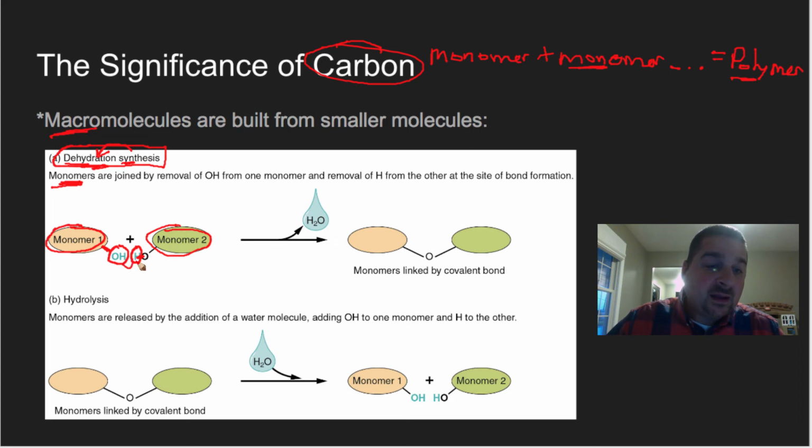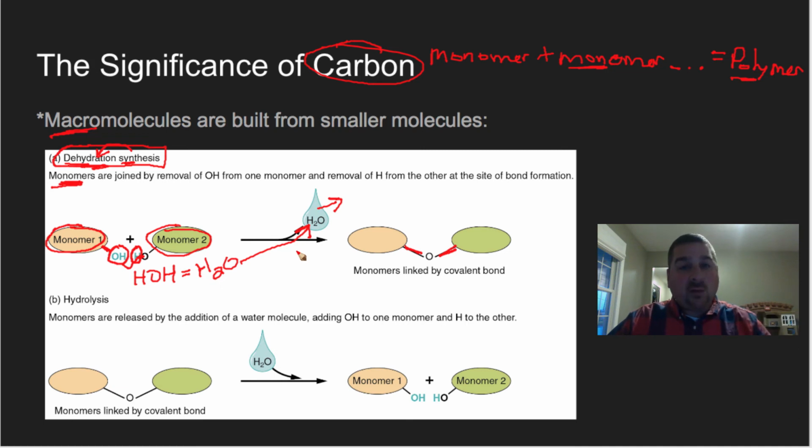We take out an HOH, which is an H2O. So we take a water out. And now those two monomers are linked by a covalent bond with a little oxygen in the middle there. So we took out water, dehydrated, to put together, synthesize a bigger molecule.